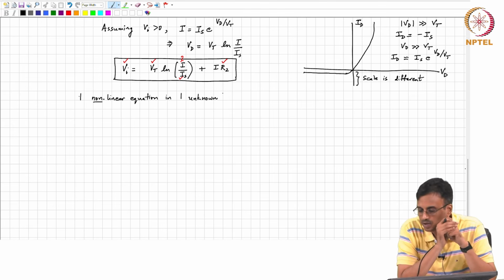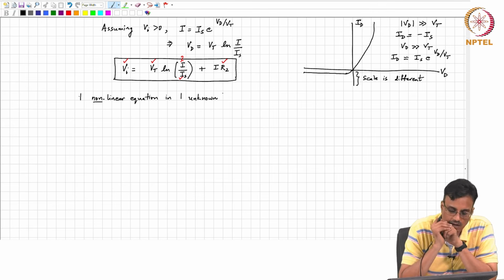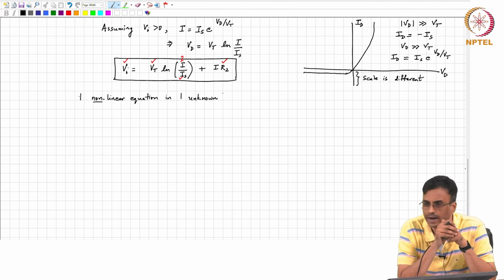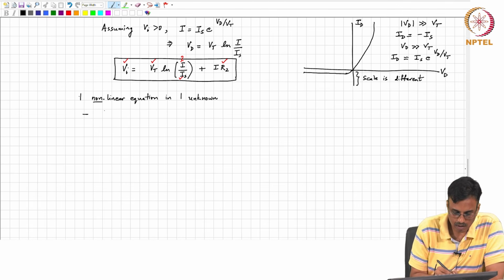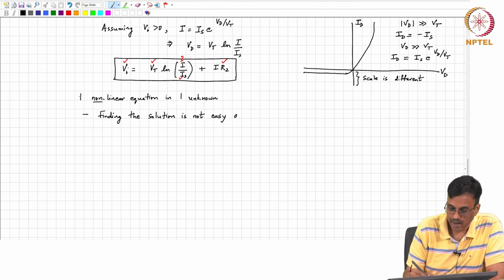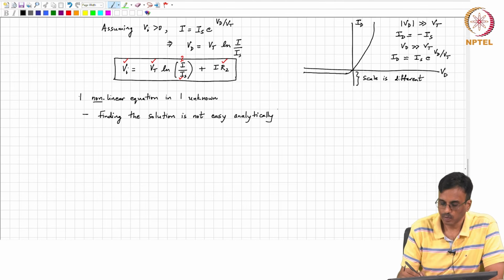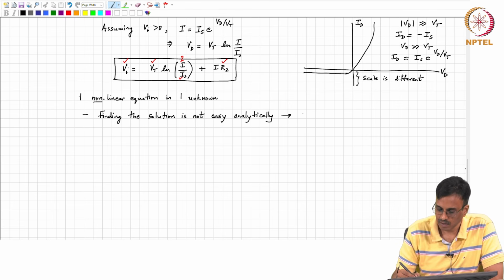Yeah. So, you can pick your favorite numerical algorithm to find the solution. So, in other words, finding the solution analytically is not easy, but then we say, well, the solution to this is that you find it numerically.